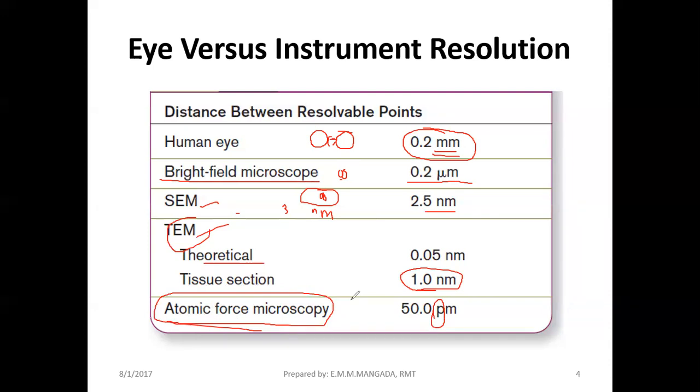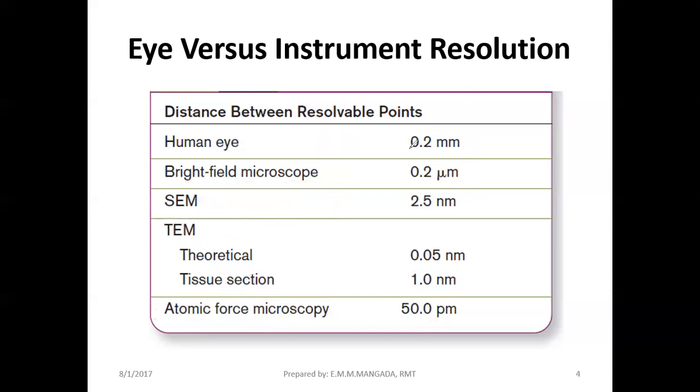Na-appreciate mo na, okay, they are separate microorganisms because the microscope we are using is making you able now to see the objects at resolvable points of 50.0 picometer. Okay, so yan. So this time, let's move on.